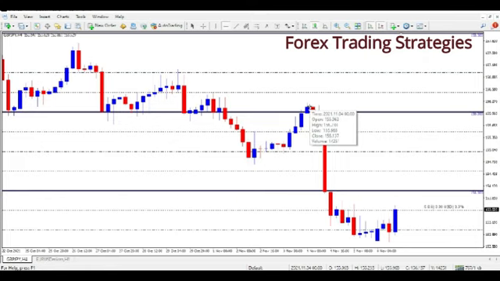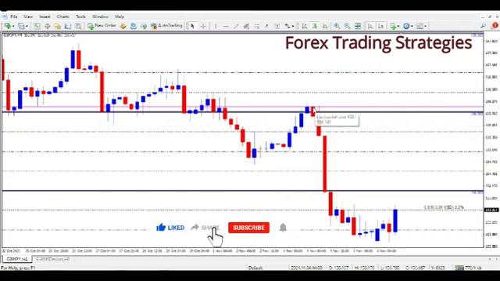But what do you see here? Price usually, while it does react off zones, often has a precise level.